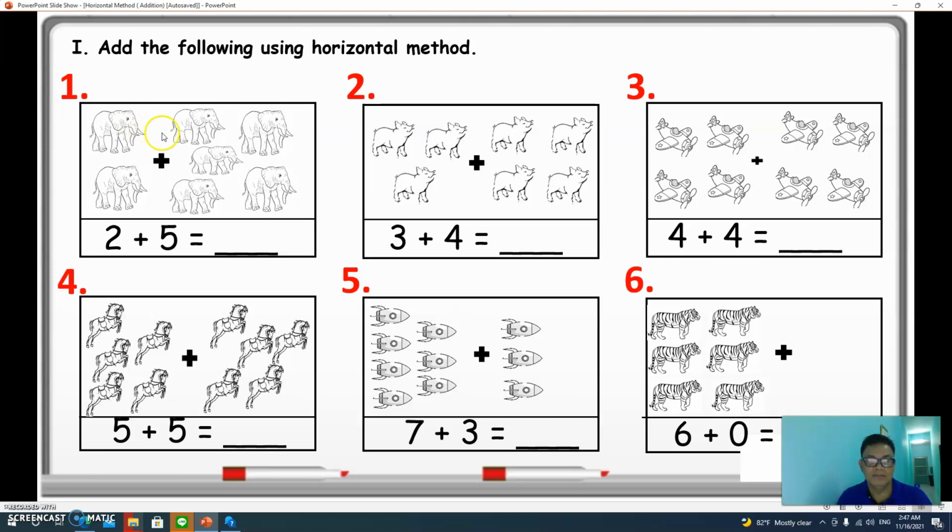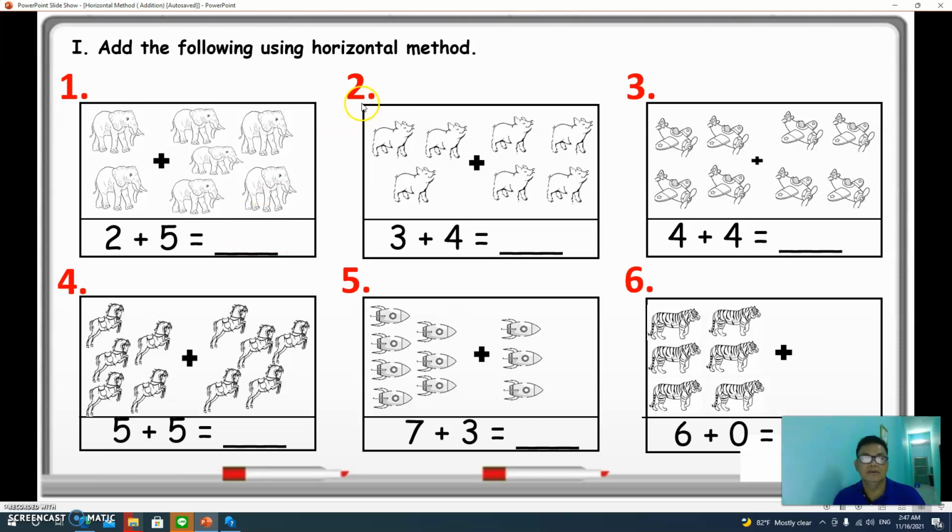How many elephants are there all together? 2 plus 5 equals 1, 2, 3, 4, 5, 6, 7. So 2 plus 5 equals 7.